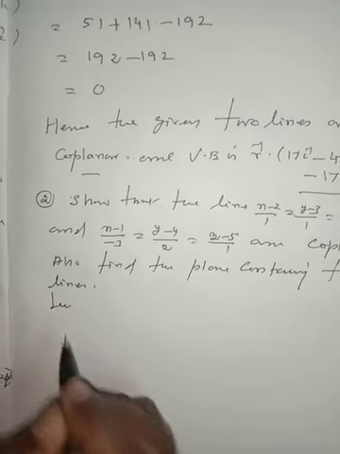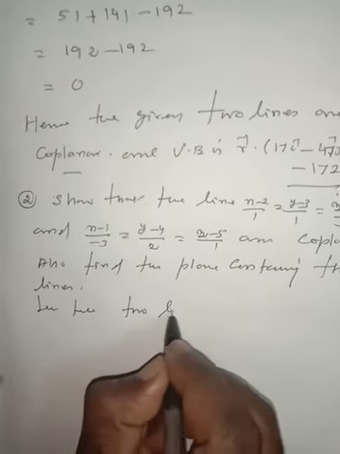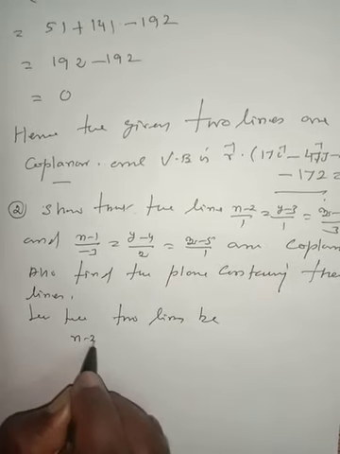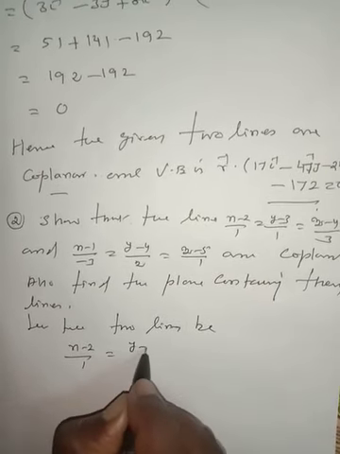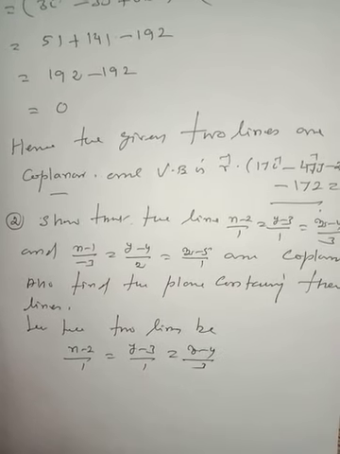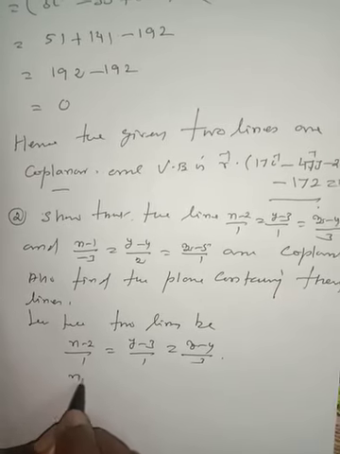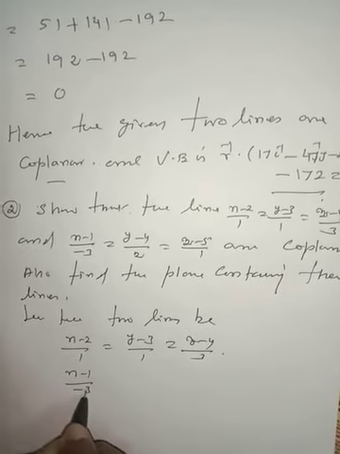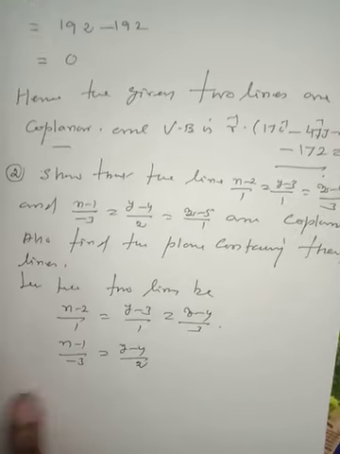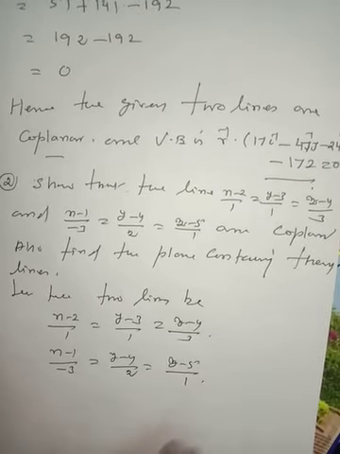Let the two lines be: first line (x minus 2)/1 = (y minus 3)/1 = (z minus 4)/3, next (x minus 1)/(minus 3) = (y minus 4)/2 = (z minus 5)/1.